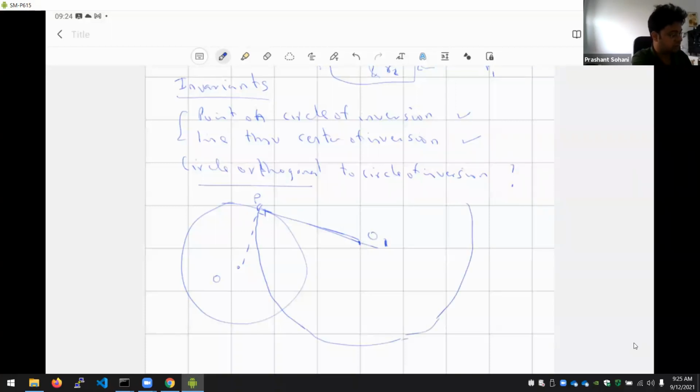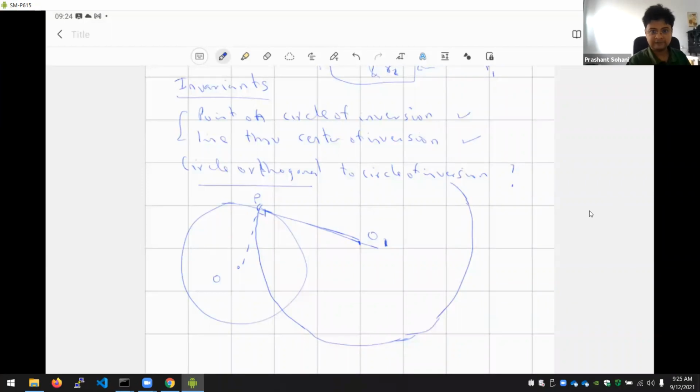So the question is, why is this circle invariant? Can anybody see why this circle will be self-invariant?